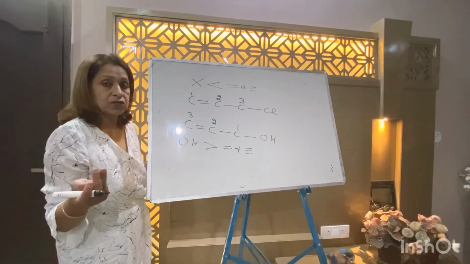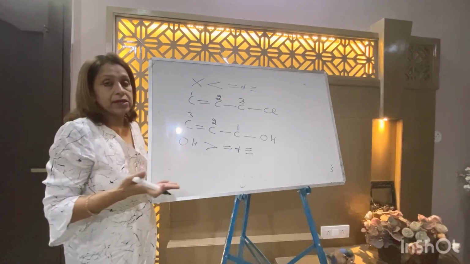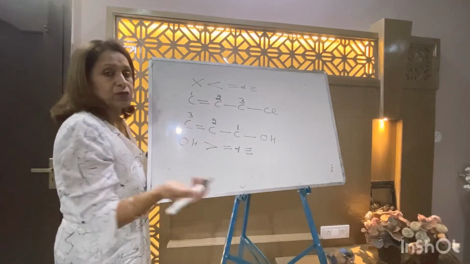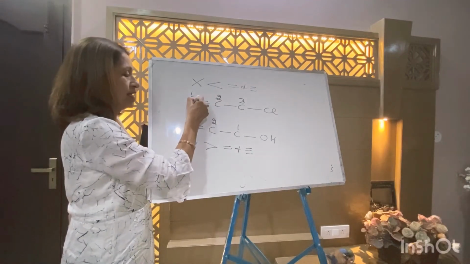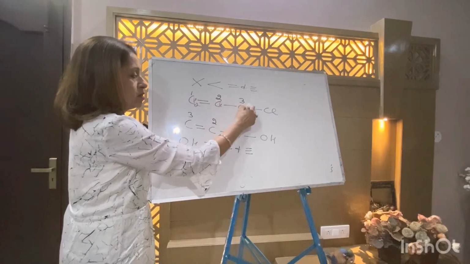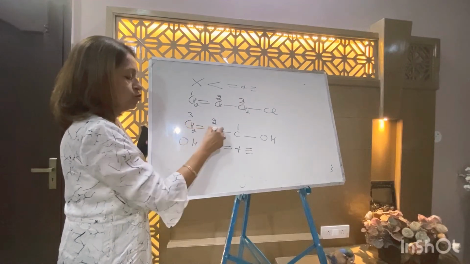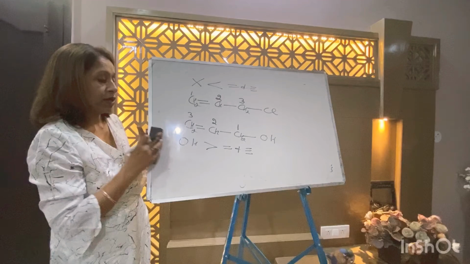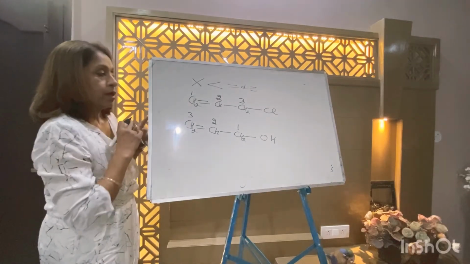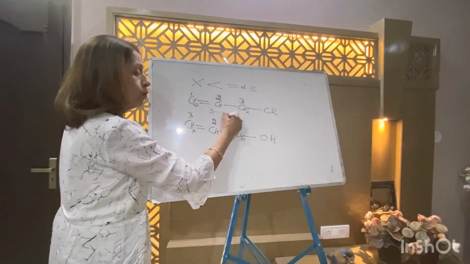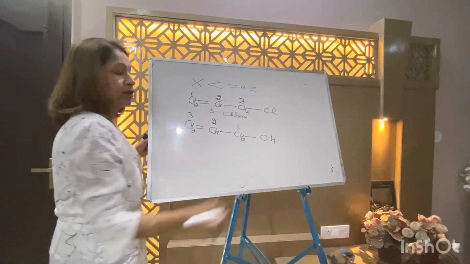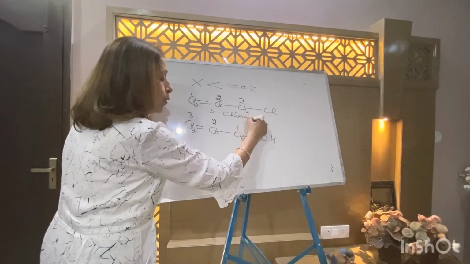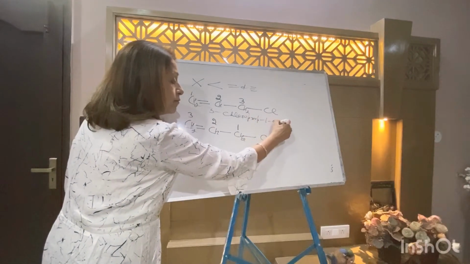Hydrogen atoms just come in organic chemistry to complete the valency of the carbon. Otherwise, it will waste a lot of time to write CH2, CH, CH2, CH2, CH. I'm not going to write this. Kindly write it yourself. Now, what is the answer? It is 3-chloro, because at position number 3 there is a chlorine atom. 3-chloro-prop-1-ene.